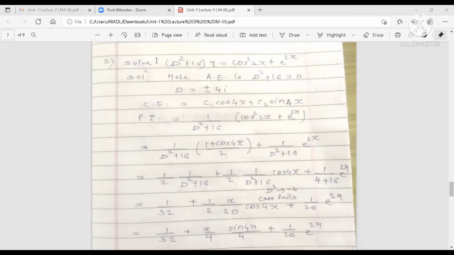Replace d square by minus 16. And if we replace d square by minus 16, plus 16, it is 0. So it is the case of failure.